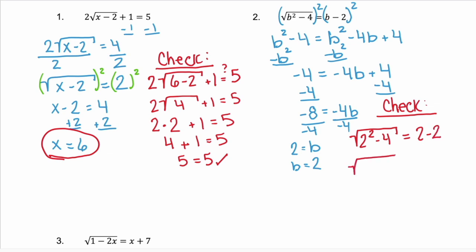So on the left-hand side, we have the square root of 4 minus 4 equals 2 minus 2, or 0. And 4 minus 4 is 0, so the square root of 0 equals 0. Well, the square root of 0 is 0, and 0 equals 0, so that checks. So we know that b equals 2 is the answer to that second example.